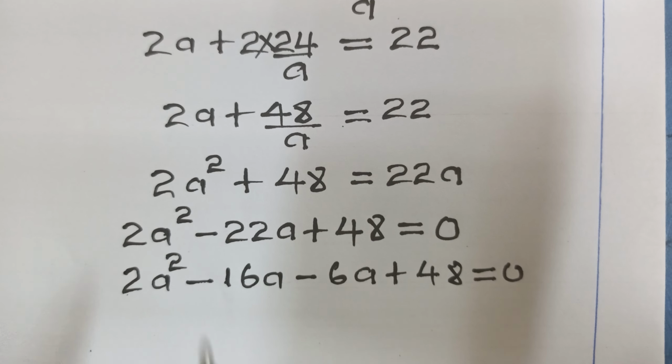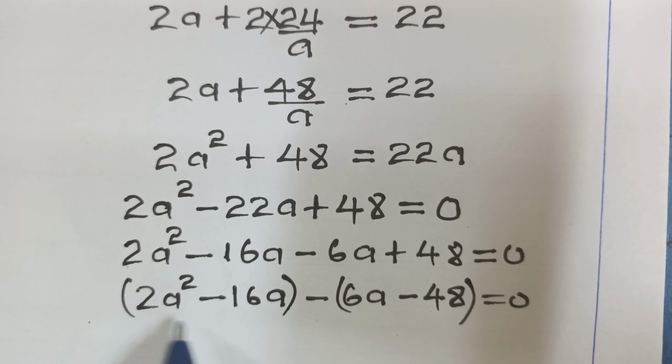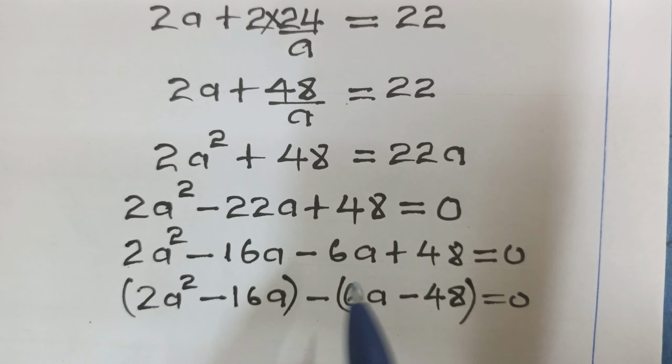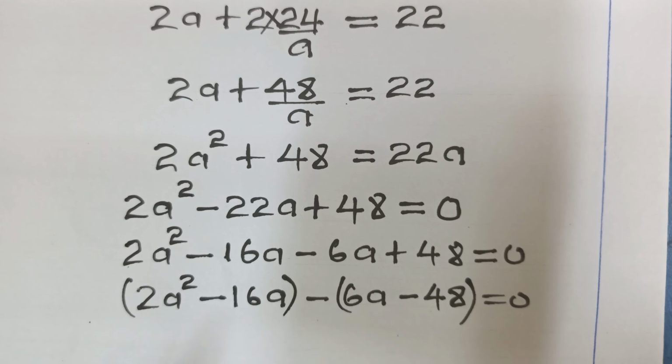And so my factors will be, I can now put into brackets these 2 and also these 2. This equation now comes to this, and as you can see, I've changed this sign because of this bracket and this negative.